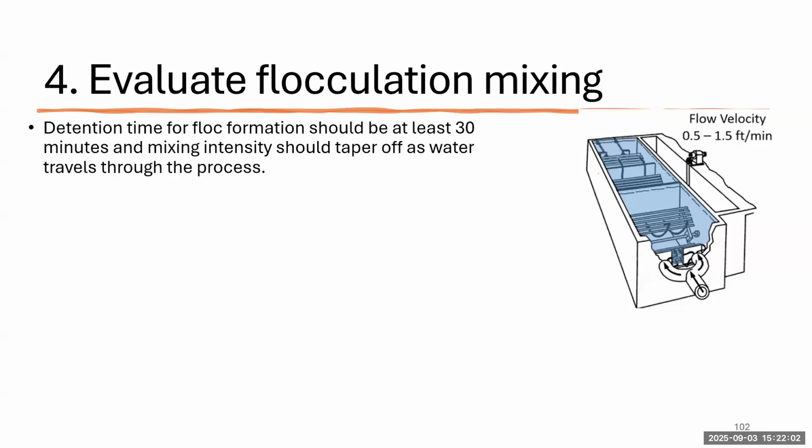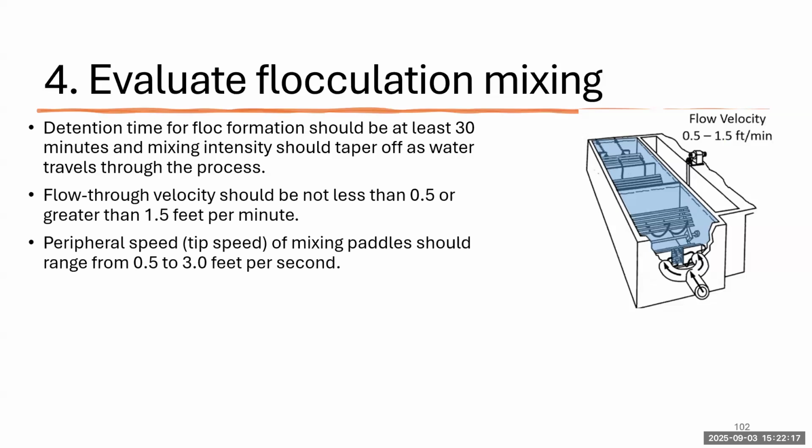And there's a couple of standards here also from the state standards. We want the detention time of a flocculation process to be at least 30 minutes, and the intensity should taper off as the water travels through the process, because we have larger, more fragile floc. We don't want to damage it.